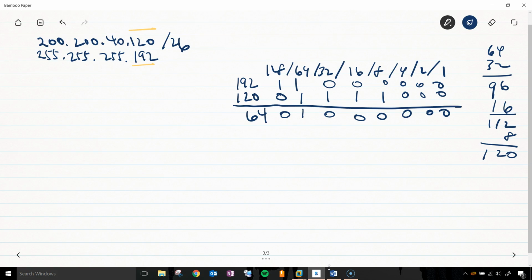Which means that the subnet number is, let me write this out, so class, we determined that it's a Class C based on the first octet.